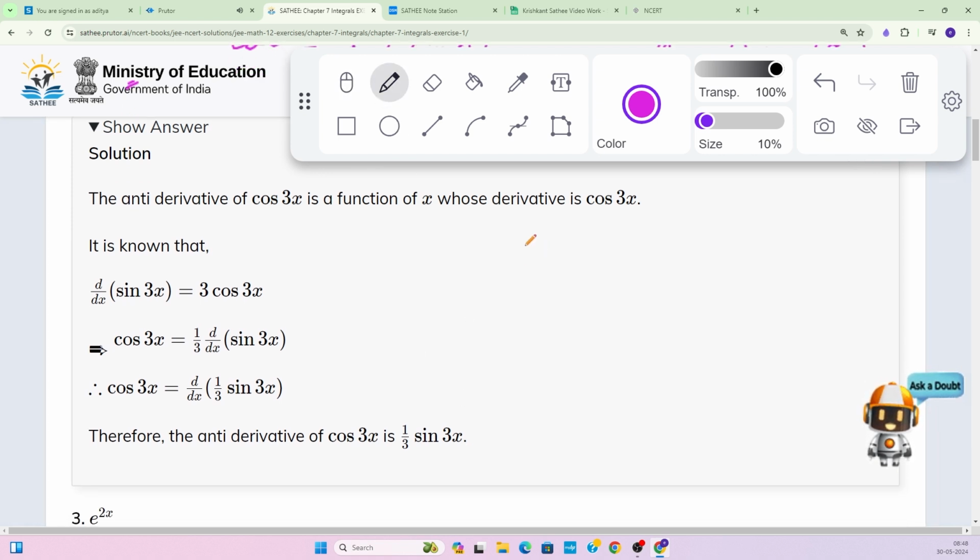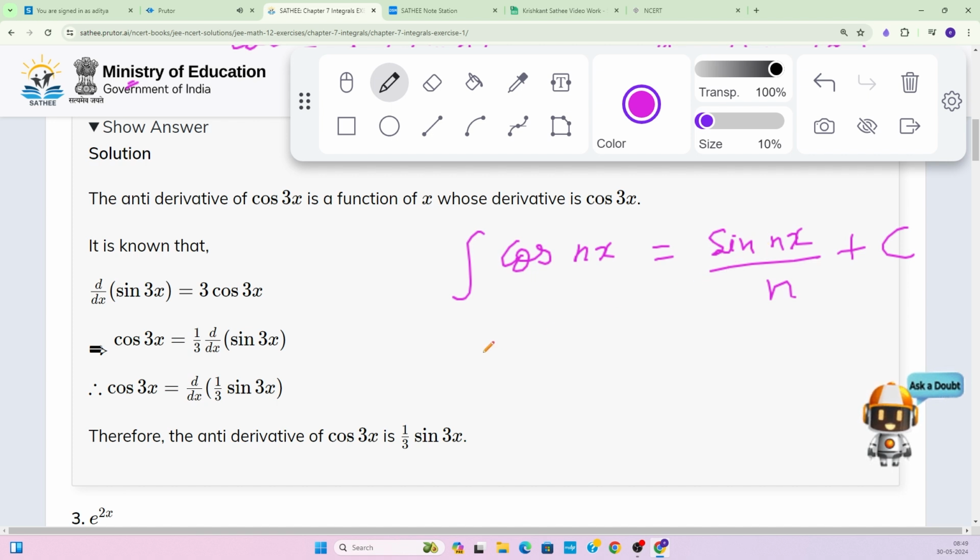So in general, what can you say? If you are given the integration of cos nx, then your answer will be sine nx by n. Also, you have to add some constant. Okay, clear?